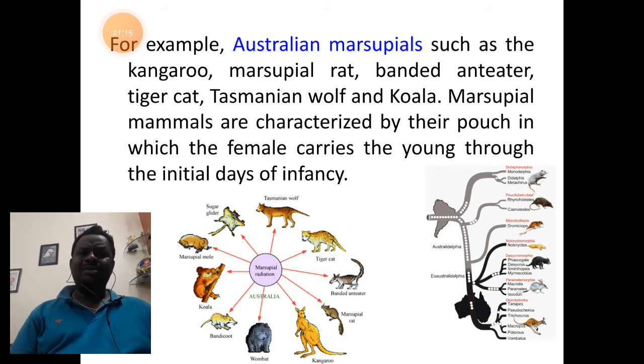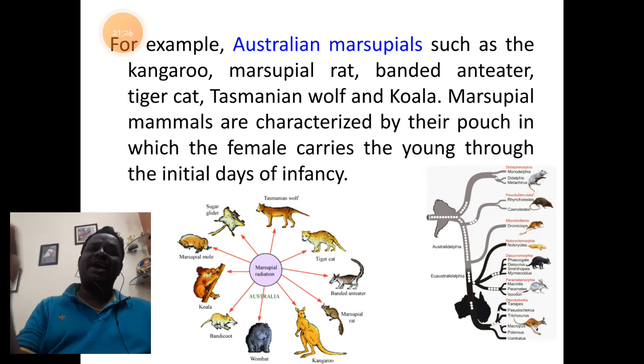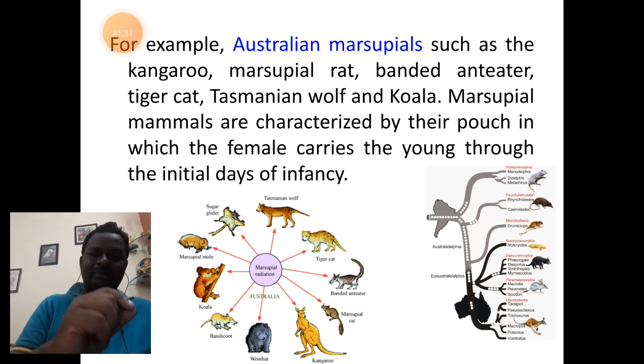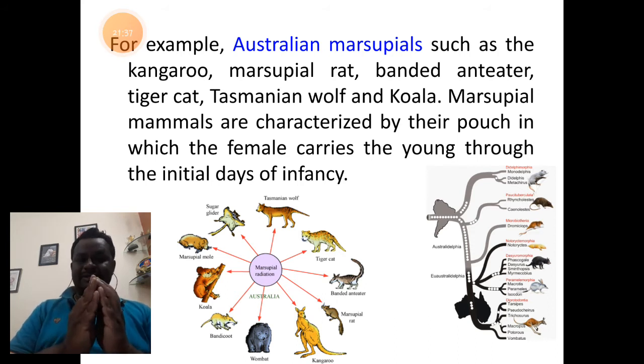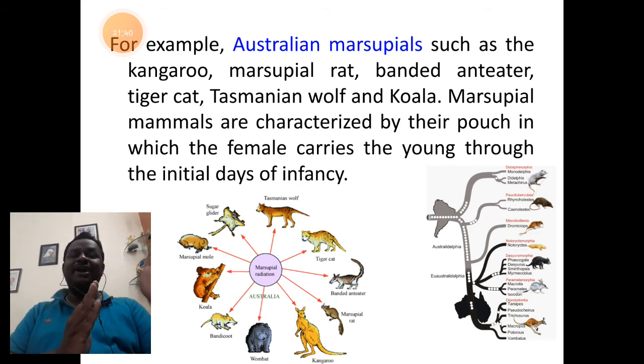They are all said to be pouched mammals, especially the females will carry the young ones in their pouches for a few days during their development. Looking at the picture towards the left side, the central one is a common ancestral form from which, in diversified environments, the organisms form different species. All are marsupials, but of different species according to the environment where they had been. We call it divergent evolution.